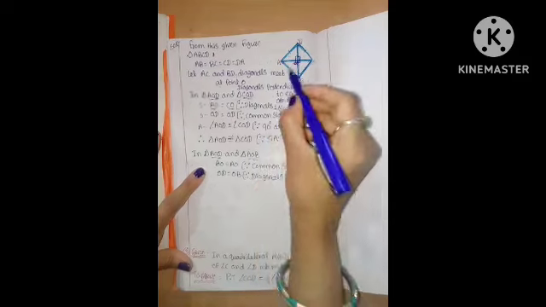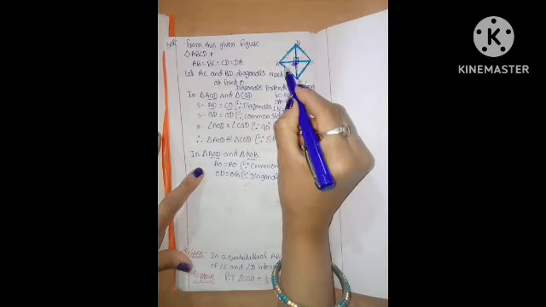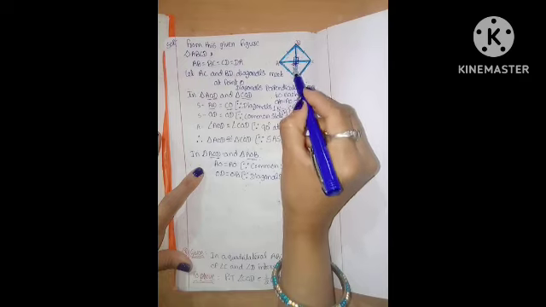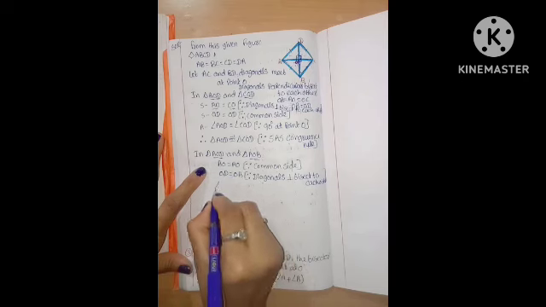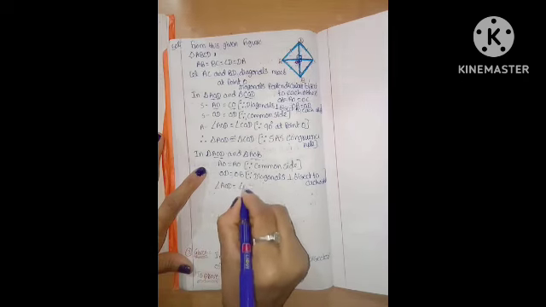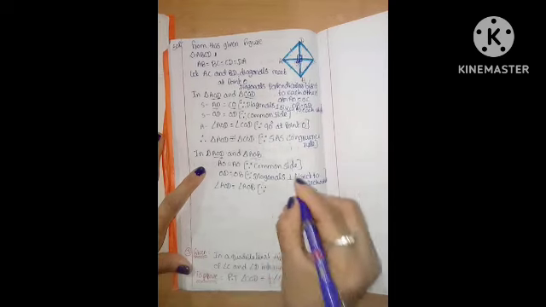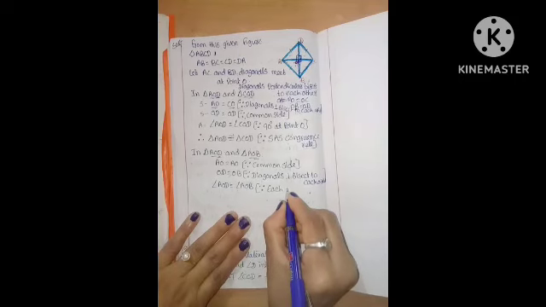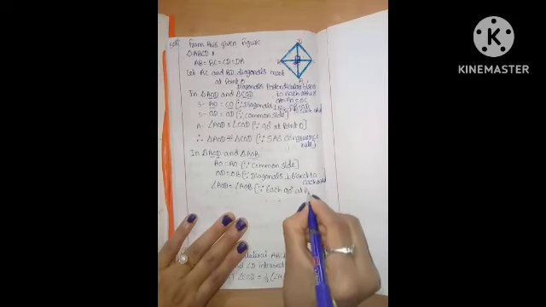Angle AOD is equal to angle AOB. Why is it equal? These two angles are each 90 degrees at point O. So that's why angle AOD is equal to angle AOB.